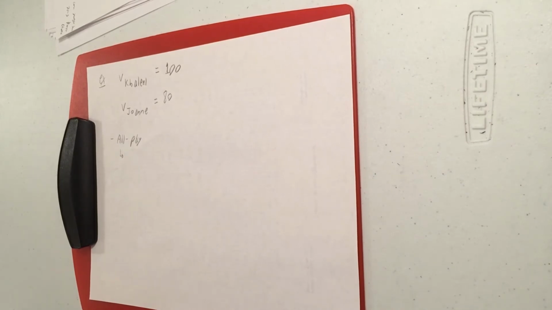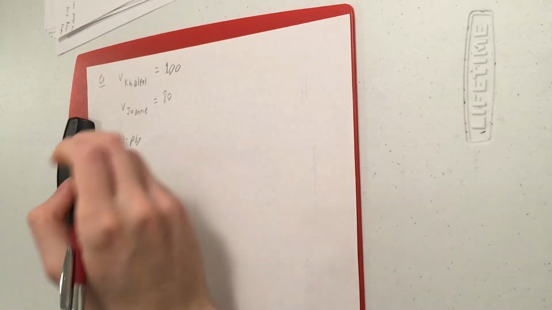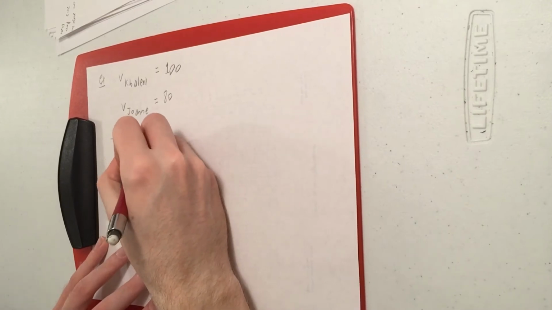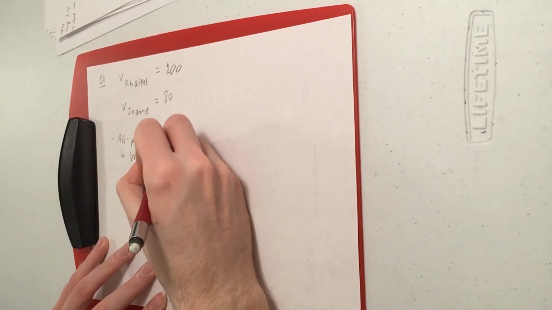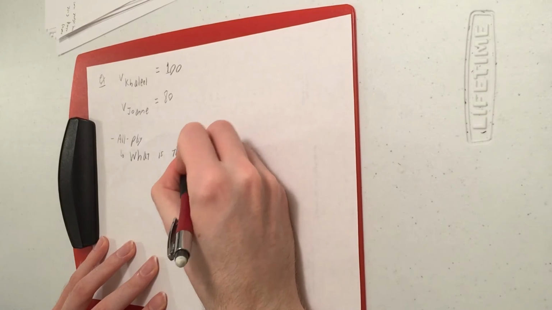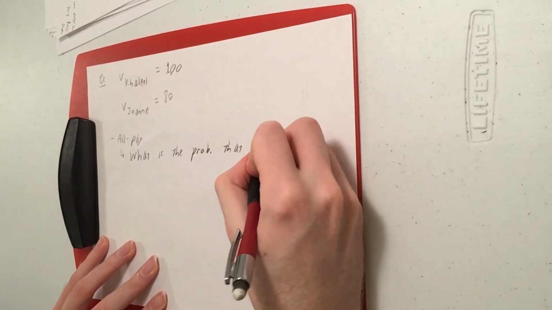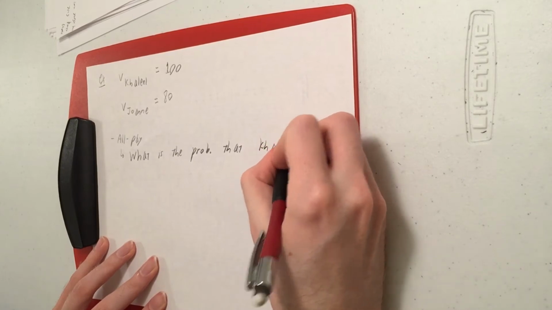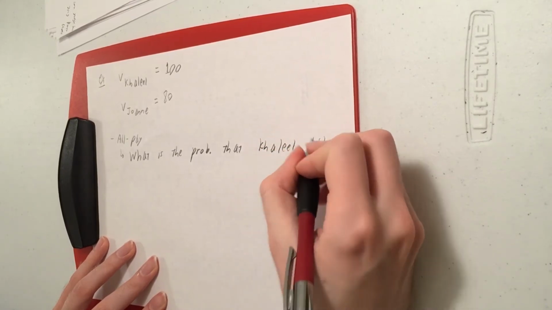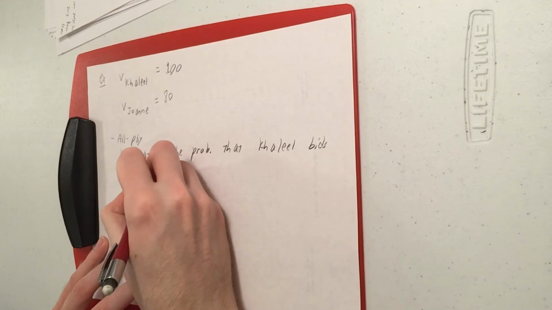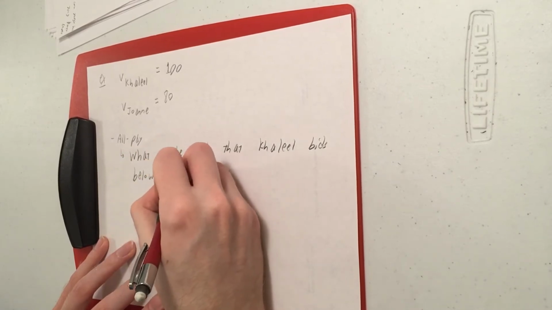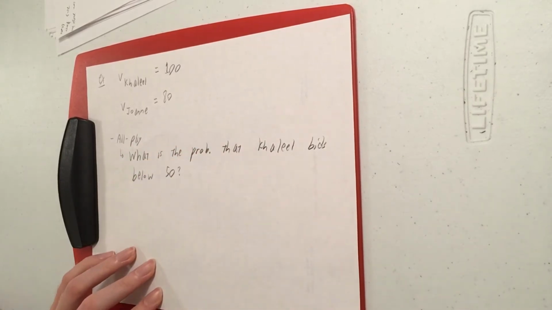So, some questions we could explore. How likely is it that Khalil bids below 50? You could also ask the same thing about Joanne.